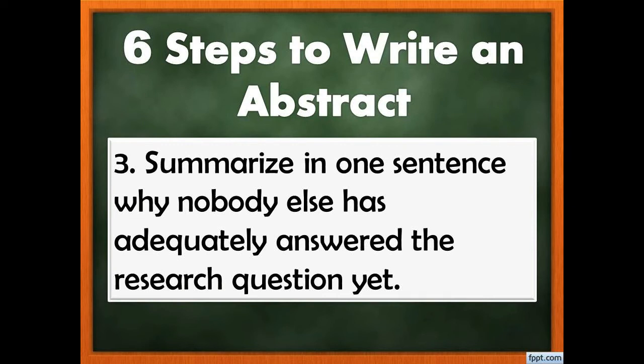Thirdly, you have to summarize in one sentence why nobody else has adequately answered the research question yet. For a PhD thesis, you'll have an entire chapter covering what's been done previously in the literature. Here, you have to boil that down to one sentence.